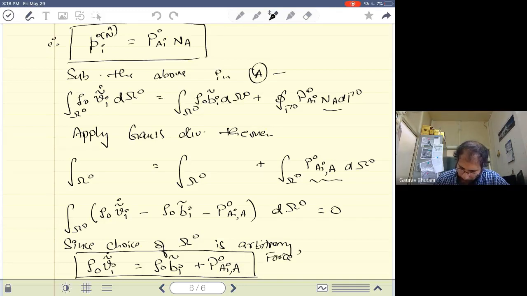This is the force balance equation or the conservation of momentum equation in the material form.